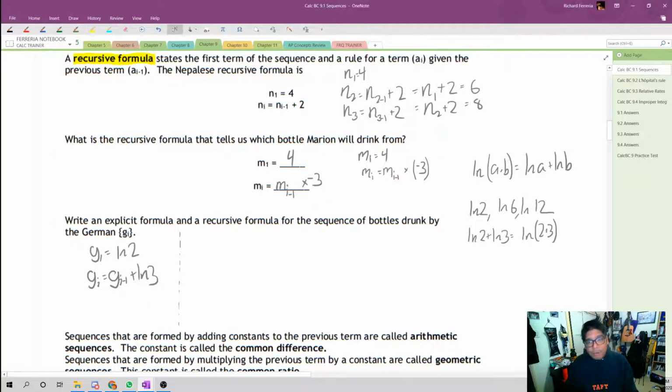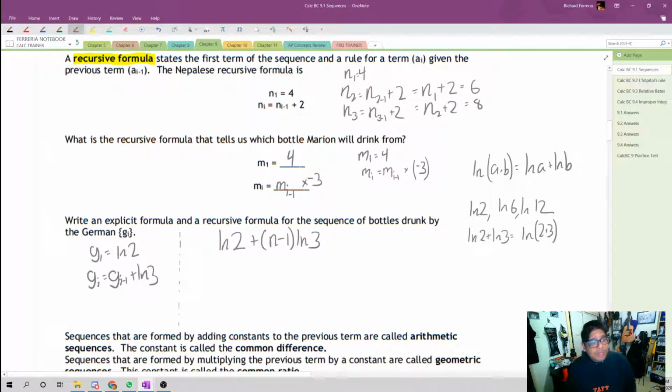My explicit formula is going to be the explicit formula that we use for any addition formula. We start off with the first term, natural log of 2, and then we add to it a multiplicity, n minus 1, of the common difference, which was natural log of 3.